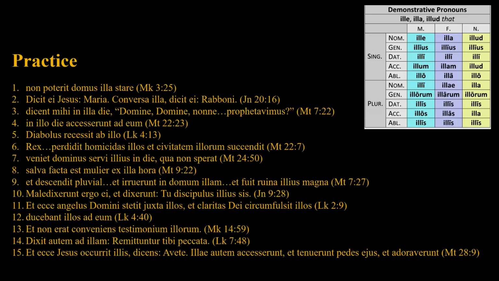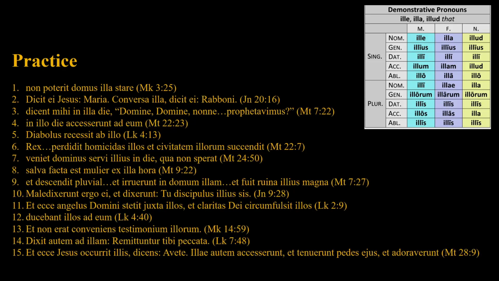So the king destroyed those murderers, homicidas illos, et civitatem illorum, and the city of them, or and their city, succendit, and he burned their city, succendo, to set on fire. So look at illorum, genitive plural, okay? So their city, or the city of theirs, right, showing possession. Homicidas illos, those murderers, civitatem illorum, their city.